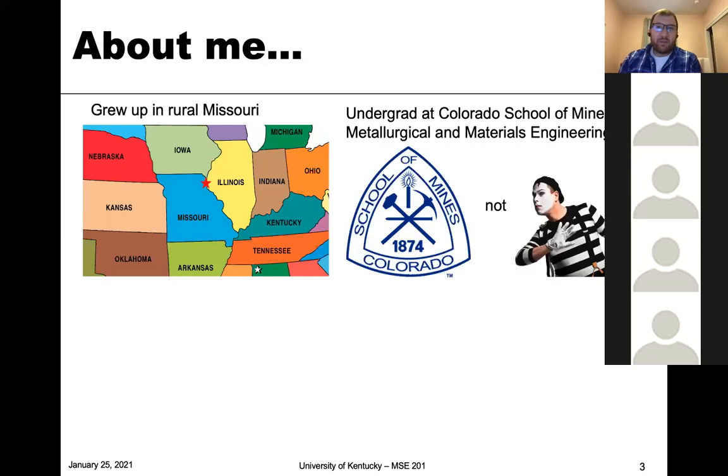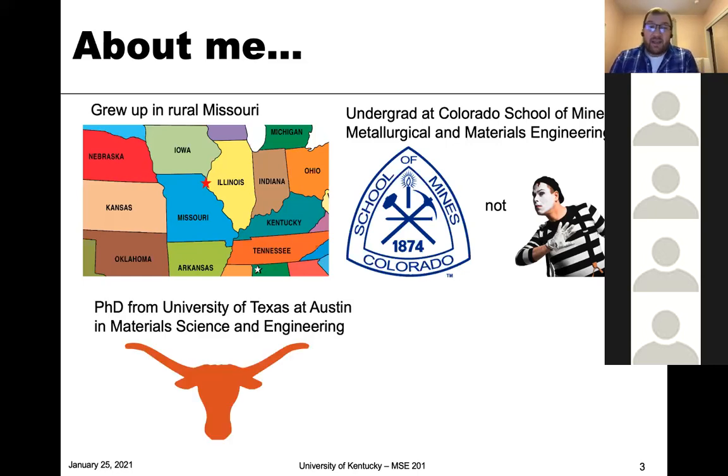I went to undergrad at a place called Colorado School of Mines, as in like a cave, not as in mimes like you see over here. I apologize for bad jokes. That's probably going to be commonplace. Then I got my PhD at the University of Texas at Austin in material science and engineering. So that's why I'm teaching this class.